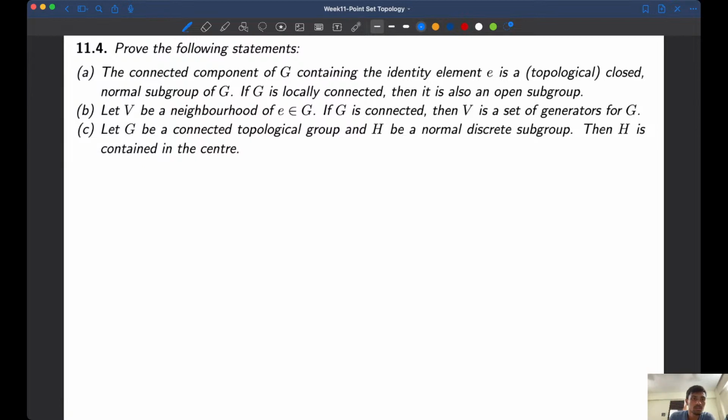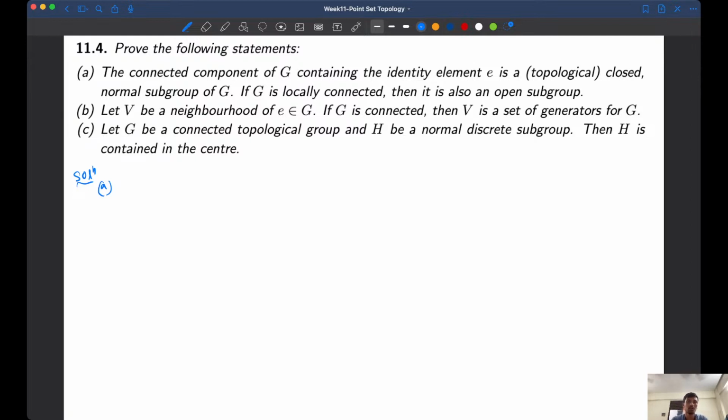So there are three things mainly. First of all, why the component is a subgroup, and then why it is closed and normal.